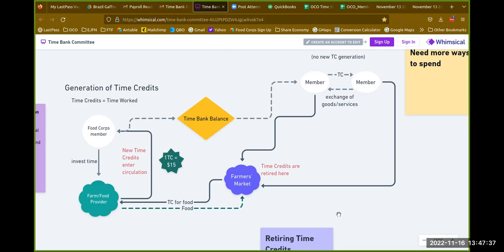Like the people who come out to do a lot of Food Corps work and maybe have more time credits than some of us, in the 40s or 50s, because we just don't spend that much. It shouldn't be a big thing to be able to donate 30 time credits if we have that much.